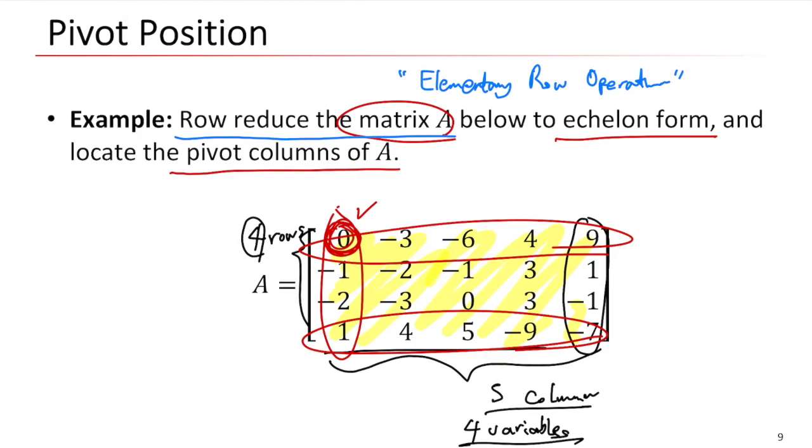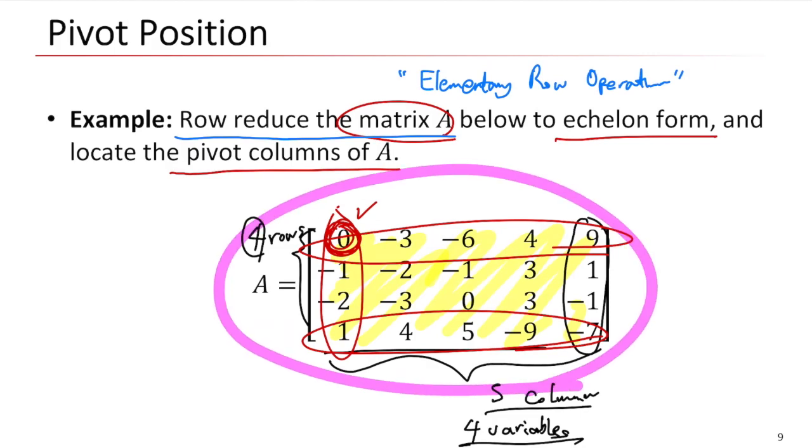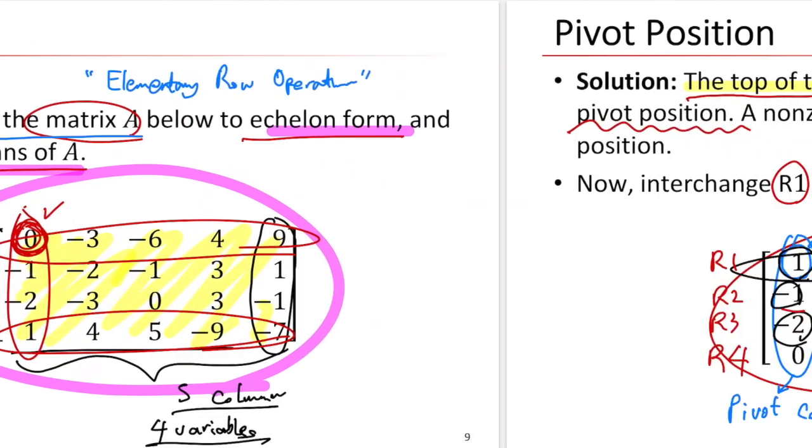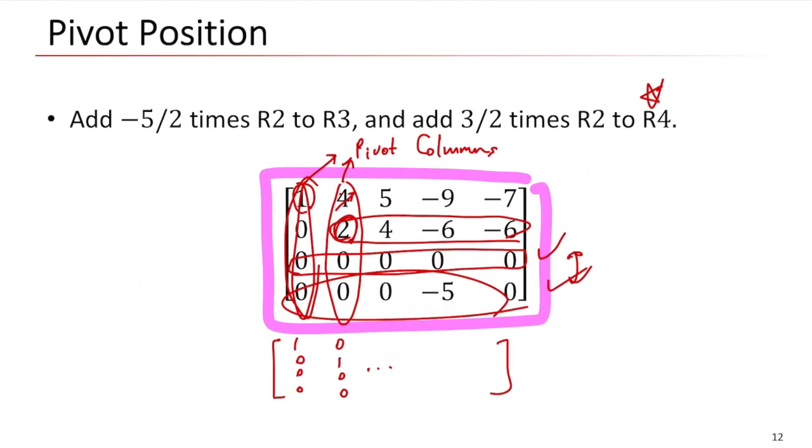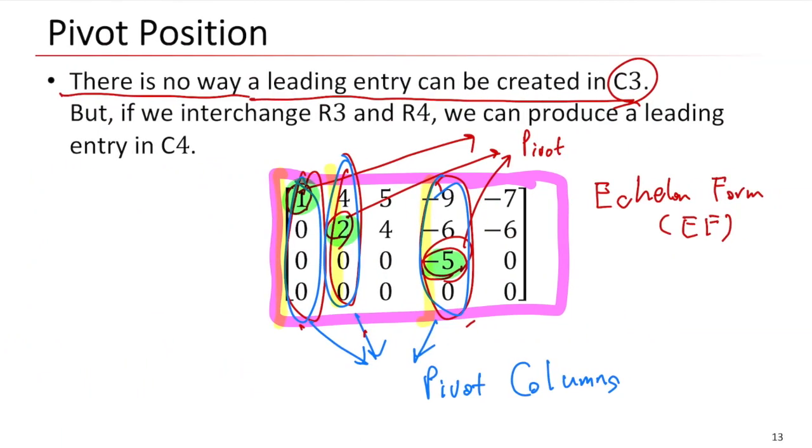Okay, if we have the matrix A, something like this. So first of all, we can make this matrix A into the echelon form, and then we can find the pivot position of matrix A in the echelon form, like this. So by using the elementary row operation, we can reduce this original matrix into the echelon form, something like this, like this, like this, right?